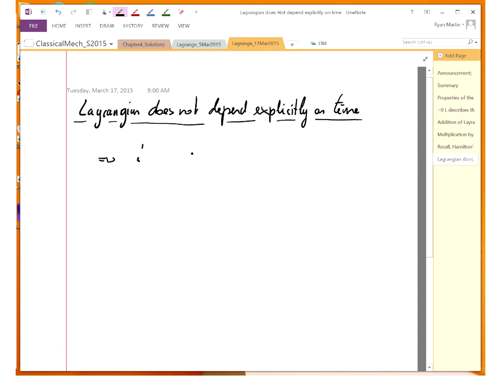So that means that L is a function of Q1 to Qn, Q1 dot to Qn dot, but not T. So we can always check that by taking the partial derivative of L by T and seeing that it's zero.